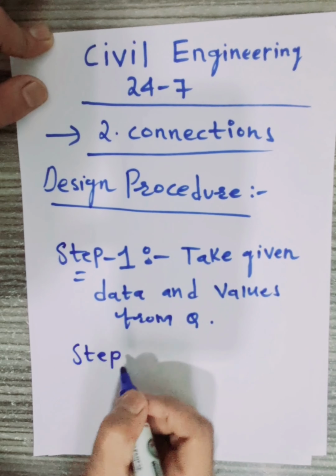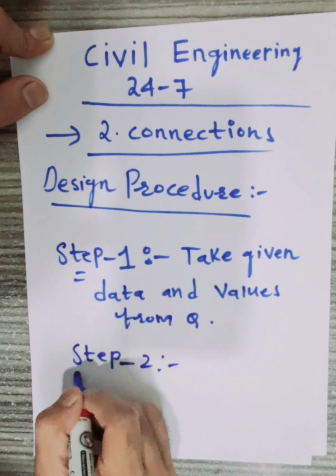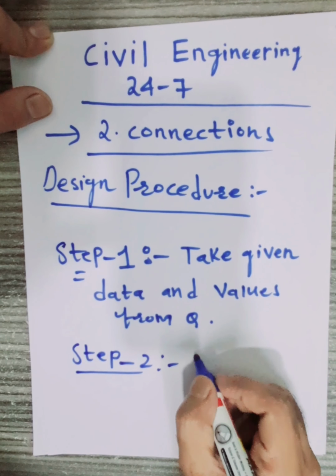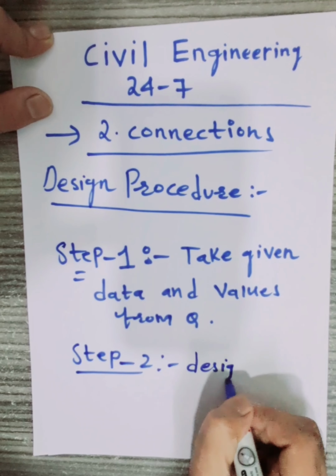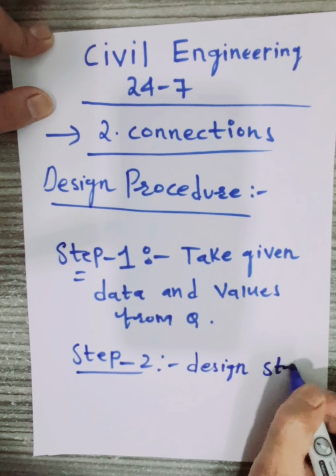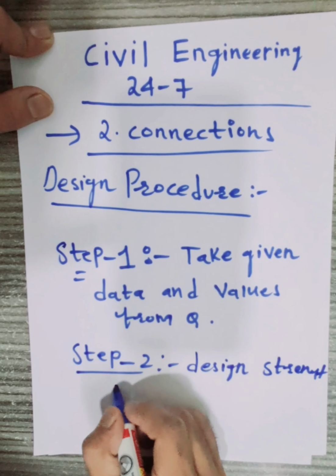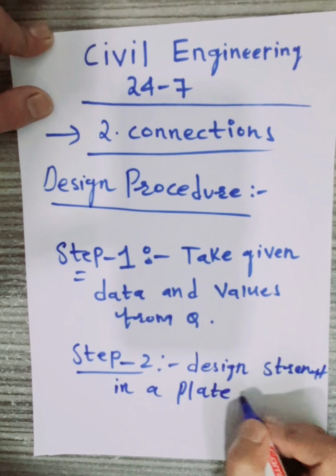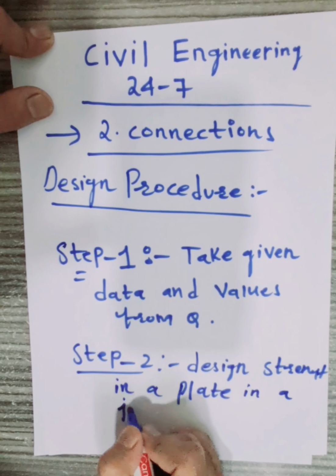Step number 2 for solving connections is to find the design strength of the plate, the design strength in a plate in a joint.